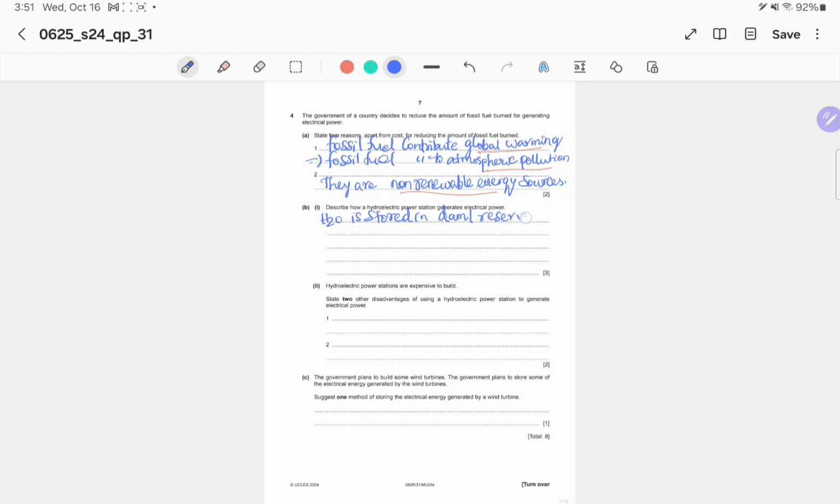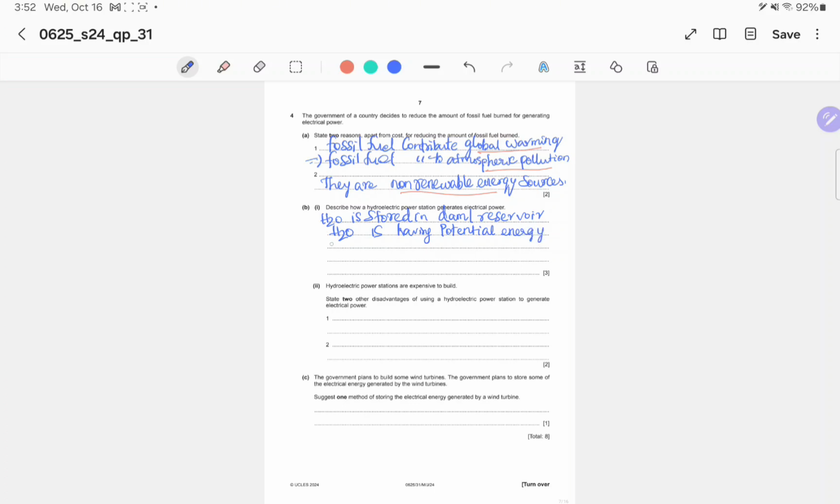First point, it is there. Water is having some potential energy. That is to be remembered.